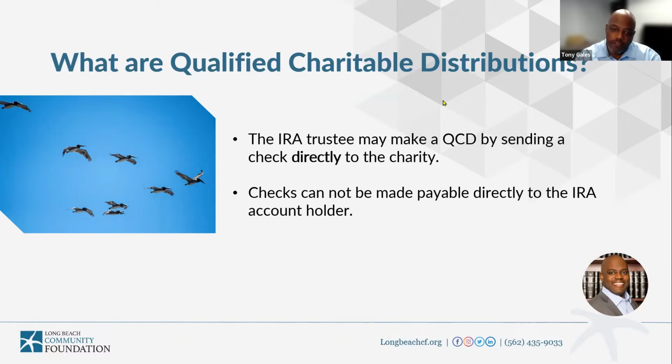So the check must be sent, or wire must be sent directly to the charity, or the check must be paid directly to the charity, and the IRA holder can deliver the check. But the money cannot be deposited into any of the IRA holder's accounts, or they can't be the custodian of those funds prior to it going to the charity. Otherwise, you would still need to include that amount in your ordinary income.